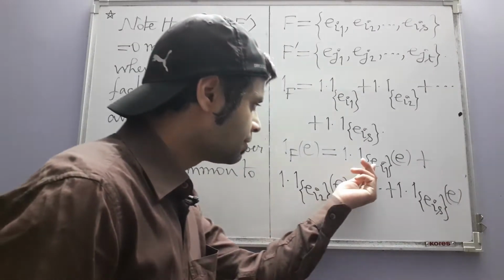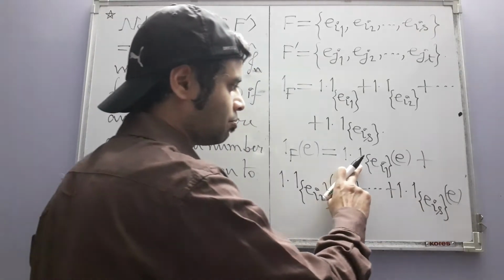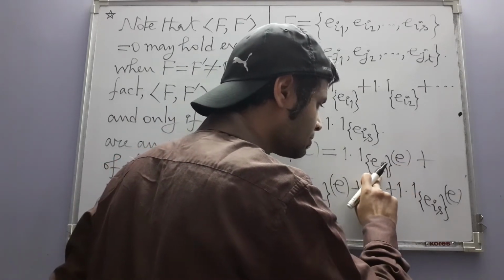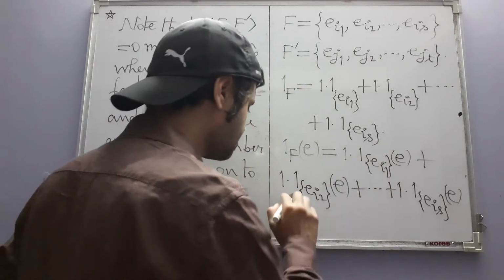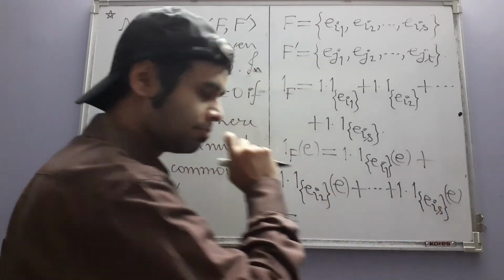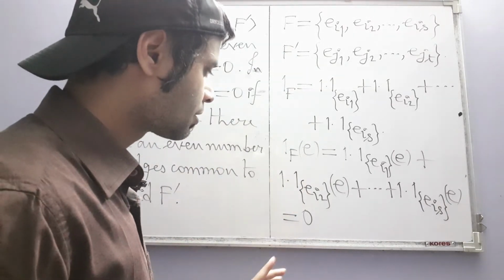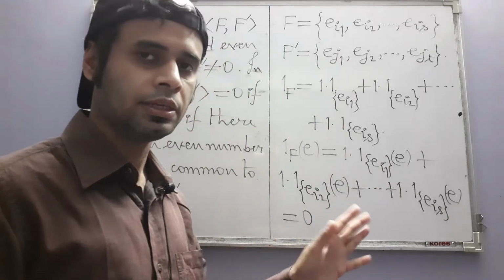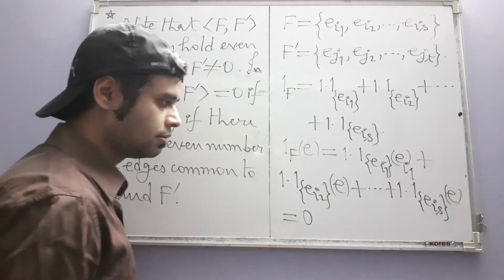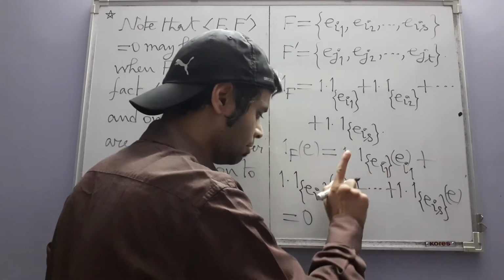Now if this E is none of these edges, then by the definition of these indicator functions, because that E is not an element in this set which is appearing as a suffix, all of them will be 0. But if this E turns out to be one of these e_i's, say it is equal to e_{i1}, then the others will be 0, but this will be equal to 1.